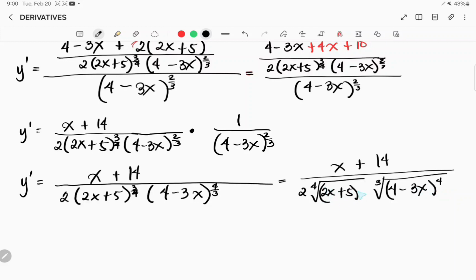Oh, this is raised to 3. However, we can still simplify this cube root because we have an exponent of 4 inside. We can extract a cube of 4 minus 3x inside the radical.